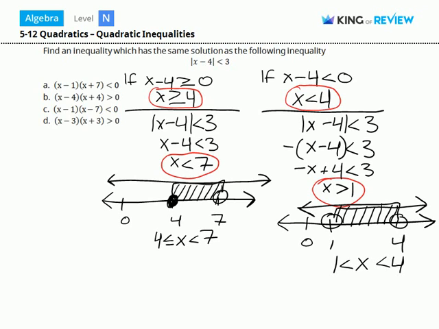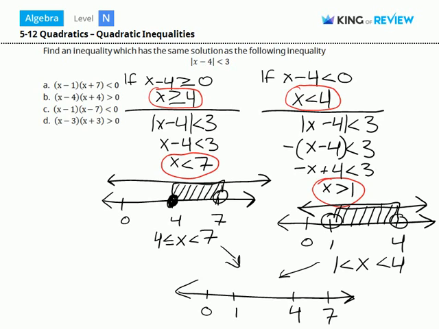So now let's plot both of these items on the same number line. So when we do this, we have a number line that looks like this. Here's 0, here's 1, here's 4, and here's 7.